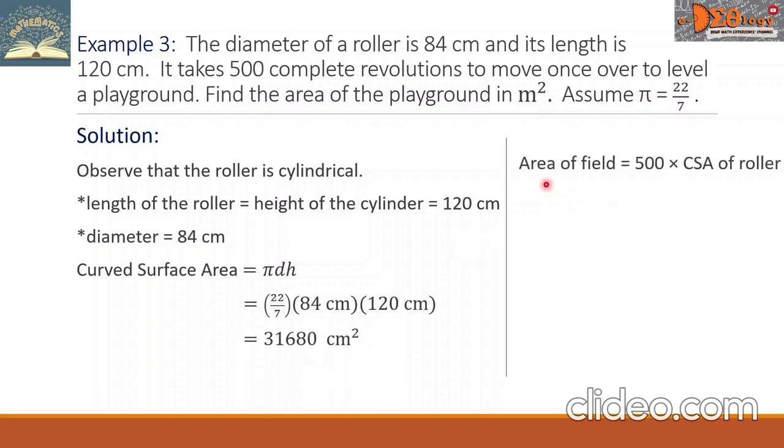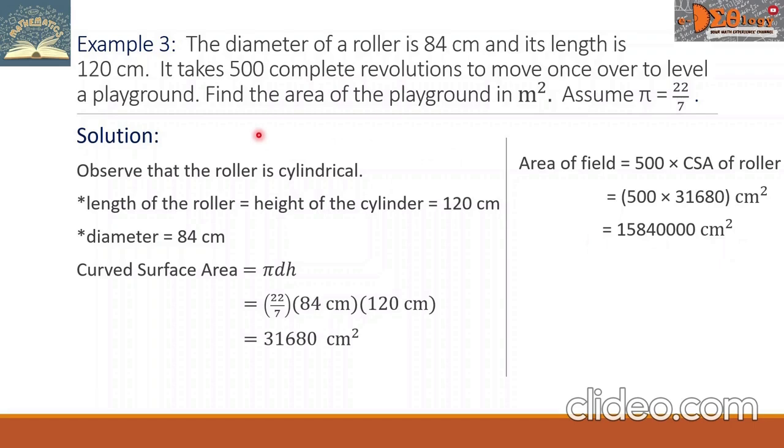Let us find now the area of the field. So, 500 times the CSA or the curved surface area of the roller. The value is here. So we have 500 times 31,680 square centimeters. This is 15,840,000 square centimeters.